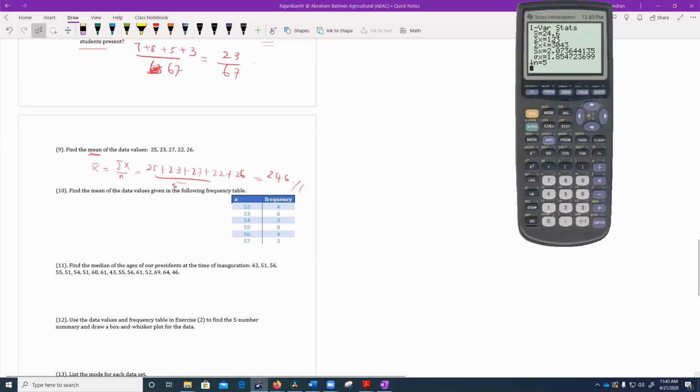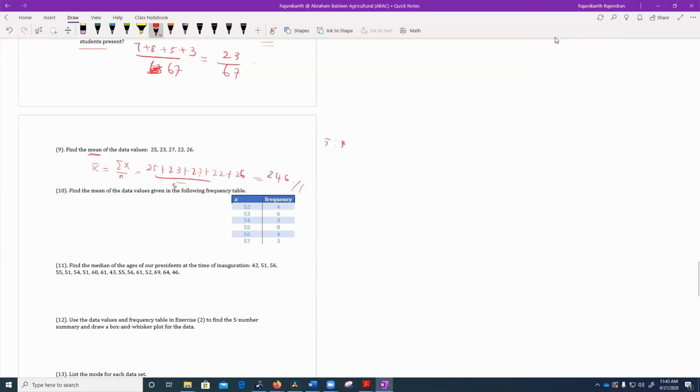Okay, let's do that again. Go to stat, then we put the numbers in. Edit, enter, into L1.